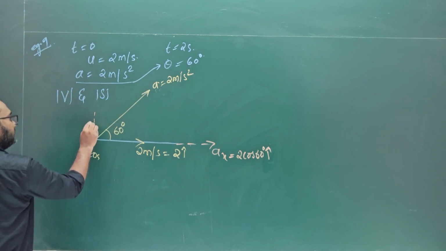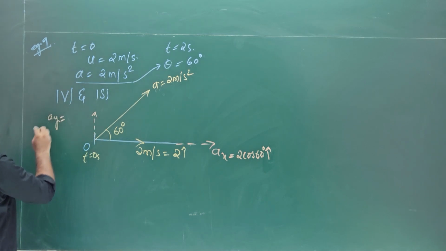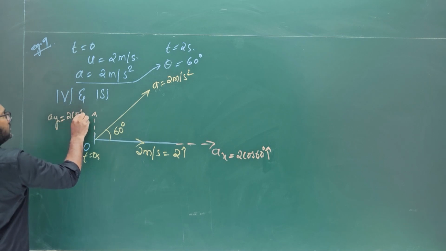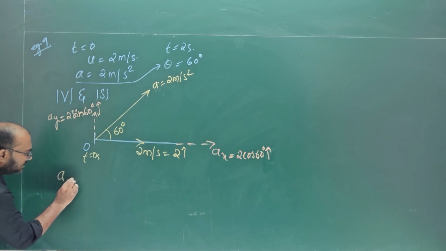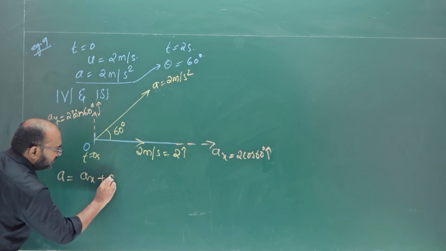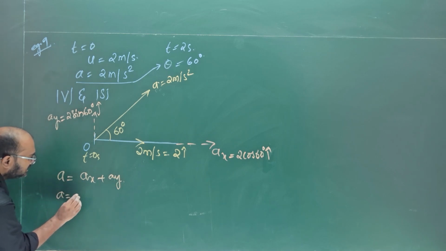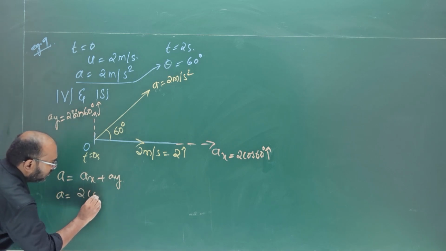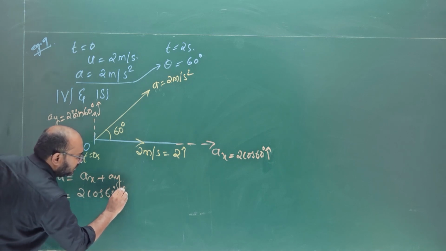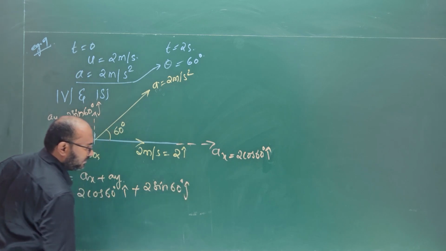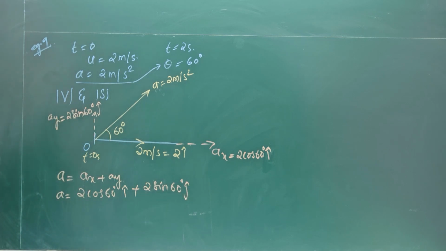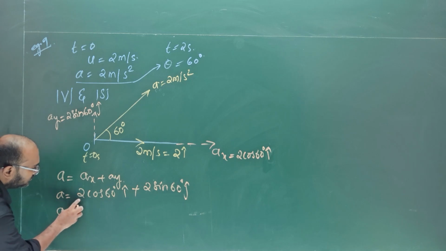And in this direction, ay, and ay is nothing but 2 sin 60 degree j cap. So can I write acceleration is nothing but ax plus ay, or acceleration is 2 cos 60 degree i cap plus 2 sin 60 degree j cap. Okay. Acceleration can be written now as, 2 cos 60 is 1 by 2, and this 2 gets cancelled.